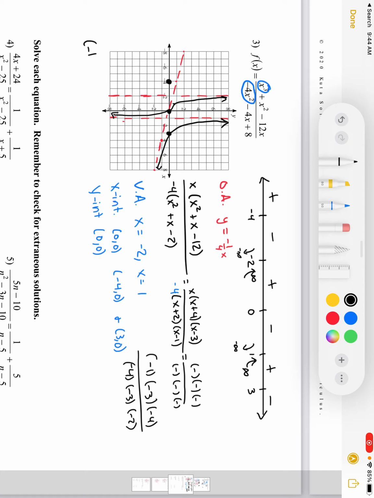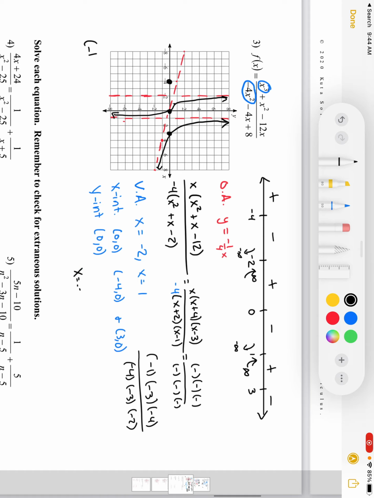And then we know -4 is a zero on the graph. If x is -5, are we going to get crazy values? So x equals -5. I'm plugging this into the factored version: -5 times -1 times -8 divided by -4 times -3 times -6.